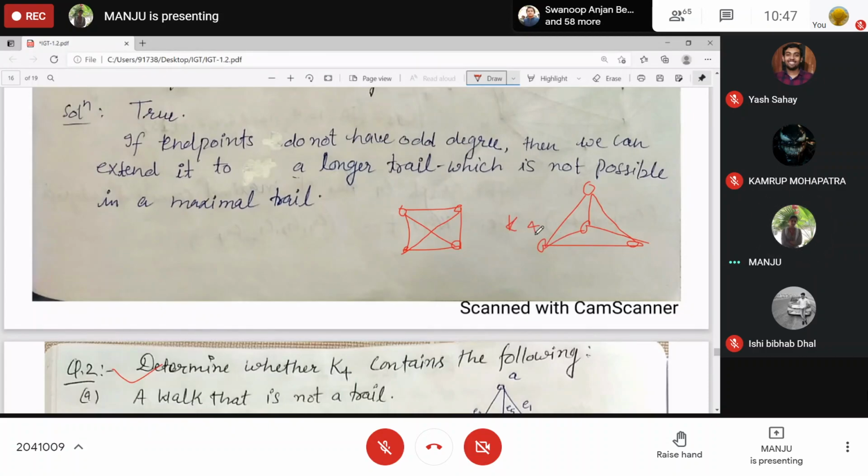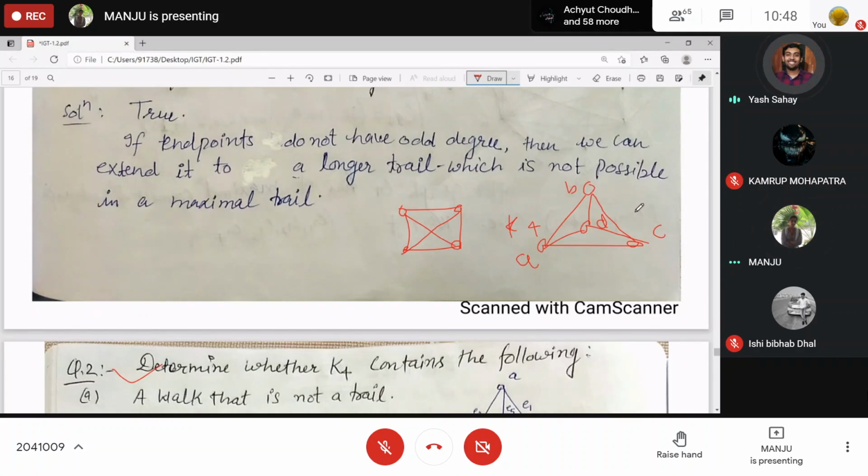Both are K4. A walk that is not a trail. Can you find one? A walk that is not a trail means you need to repeat the edges, right? Then it will not become a trail. Tell me a walk that is not a trail. Any walk in which edges are repeating, right?